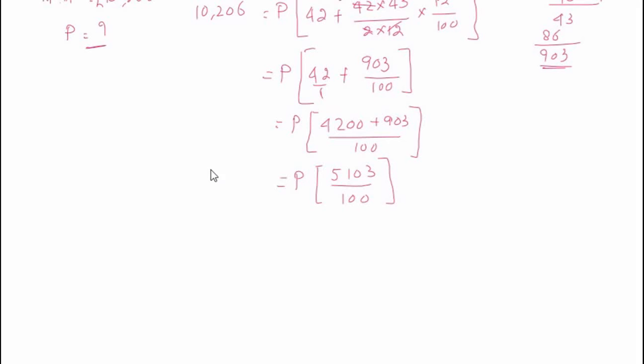This is equal to the maturity amount 10,206. So therefore now let us calculate the P.